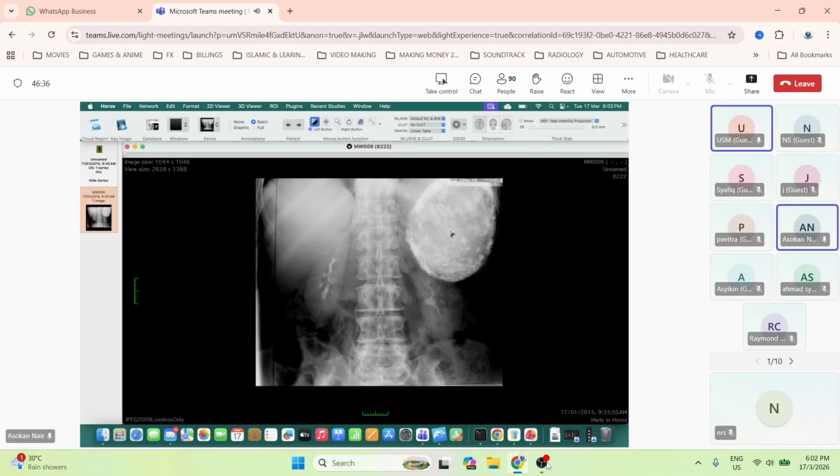Anybody knows what this is? It's a lymphangiomyomatosis. No. Hydatid cyst. Yes, this is a hydatid cyst. This is the mother cyst and all the daughter cysts inside. All the scolex, that's why it's calcified. So the mother cyst and the daughter cyst.